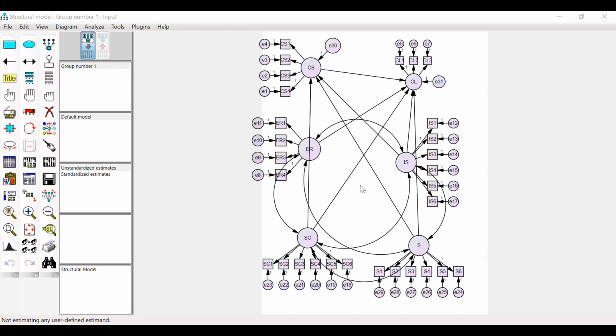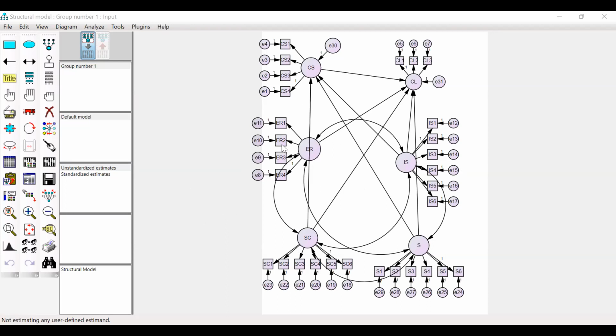ER, IS, SC, and S are independent variables for the dependent variable CS. And ER, IS, SC, S, and CS are all independent variables for the dependent variable CL. So in terms of regression, 2 regressions are being run simultaneously in this structural model. That is the advantage of AMOS: instead of running multiple regressions for multiple dependent-independent relationships, you can run a structural model that tests them together.